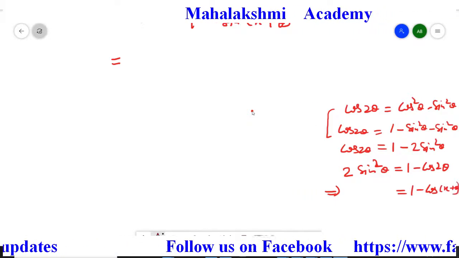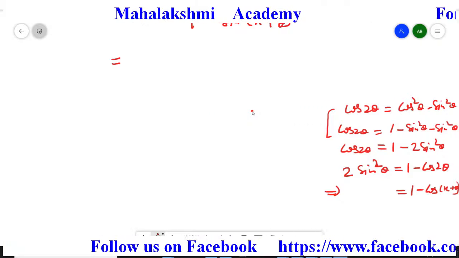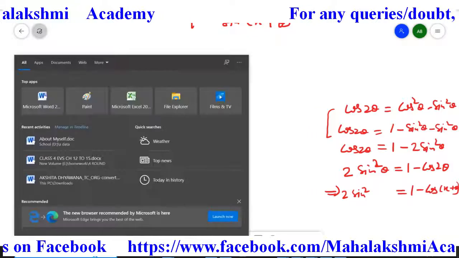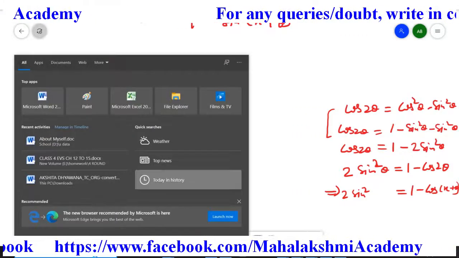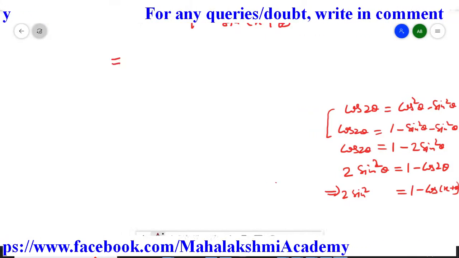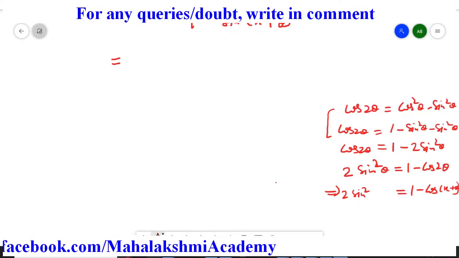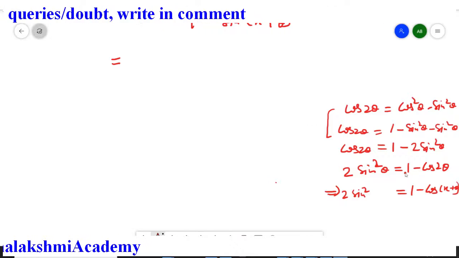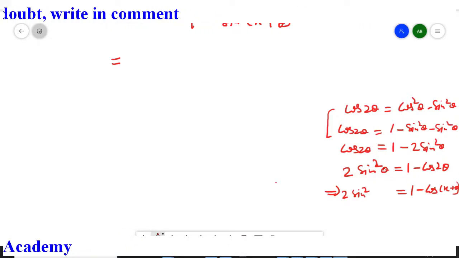And that's why, if we need the answer for 1 minus cos x plus theta, it is going to be 2 sine square, because, students, for cos 2 theta we achieved 1 minus cos 2 theta is equal to 2 sine square theta.